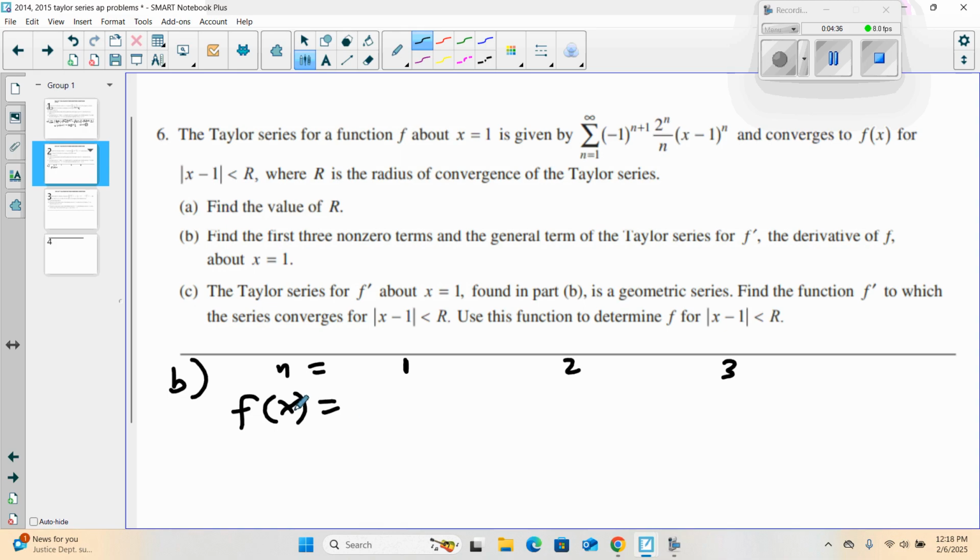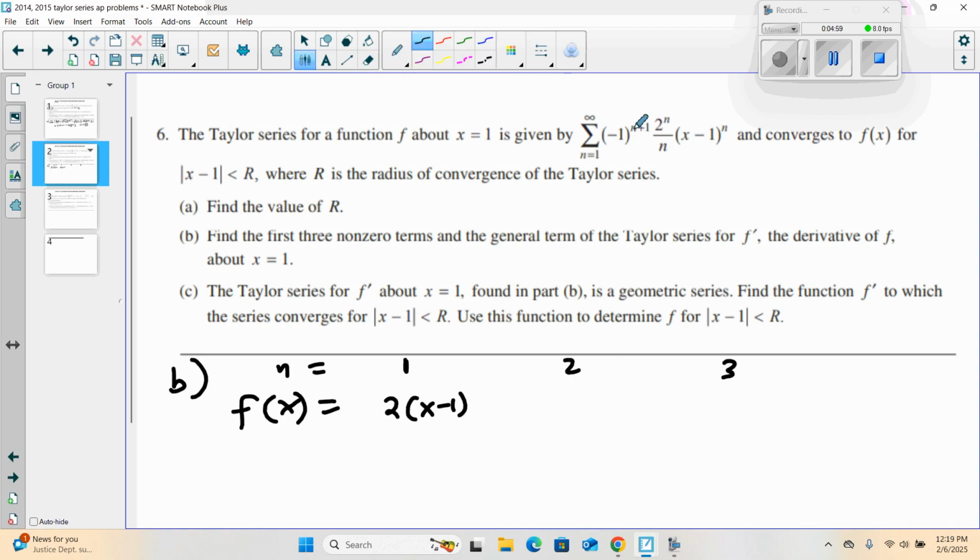Let's look at that. If n equals 1, if we plug that in here, okay, -1 to the 1 plus 1, so the first term will be positive. Then we'll have 2 to the 1 divided by 1, so that's 2, positive 2. And then we'll have x minus 1 to the 1, so just 2 times x minus 1.